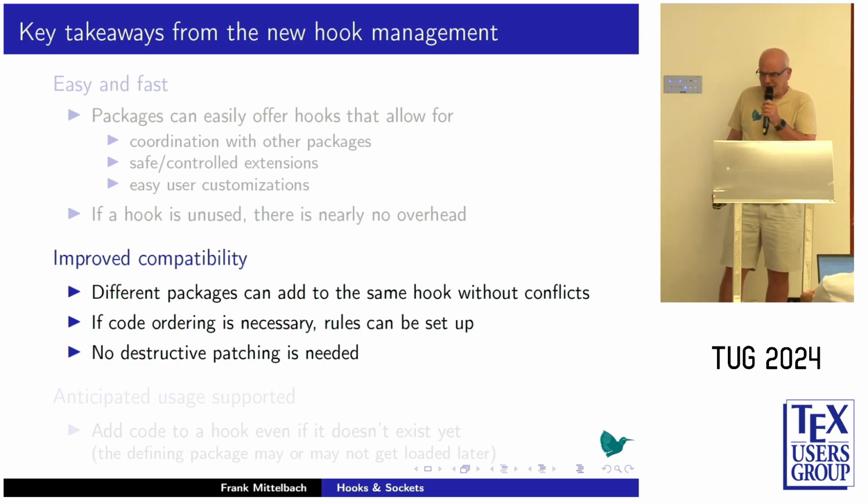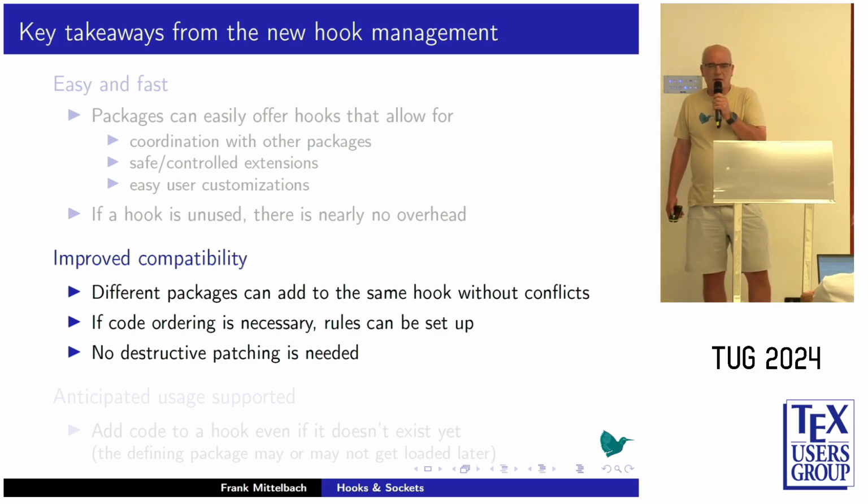Normally, different packages can add to the same hook, like, for example, the very famous begin document hook. All kinds of packages add to this. And the idea is that normally it doesn't make a difference in which order stuff goes into this hook.